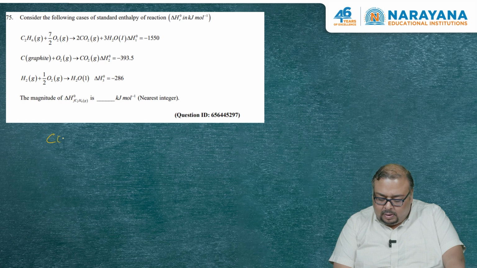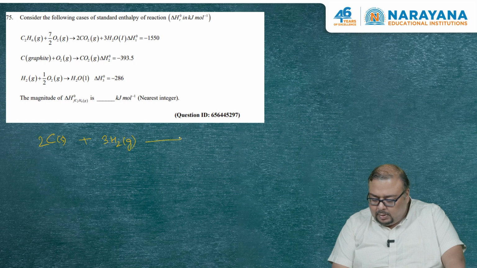It is carbon solid, which is graphite, 2 carbon plus 3 hydrogen gas giving C2H6 gas. Now the delta H for this reaction will be the heat of formation of C2H6.